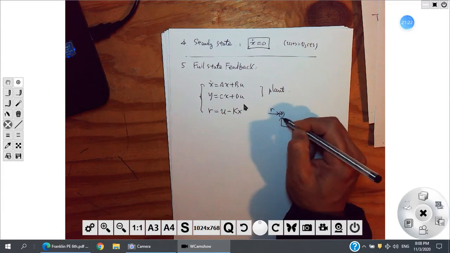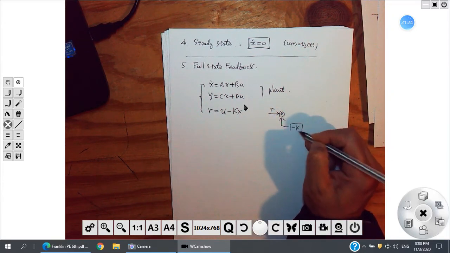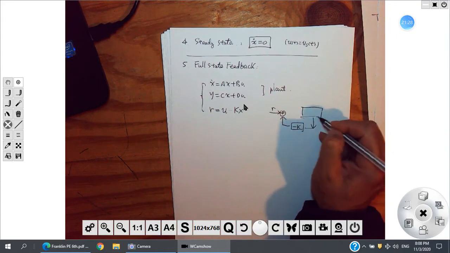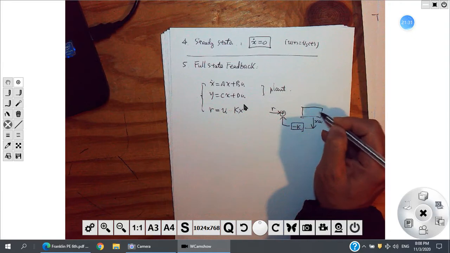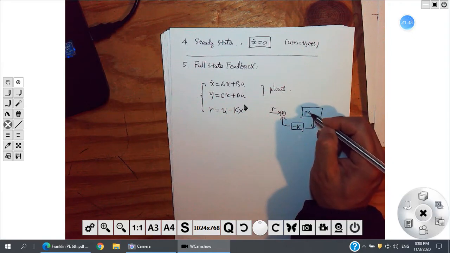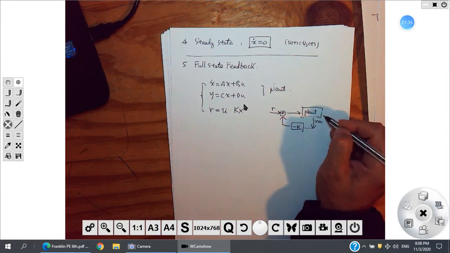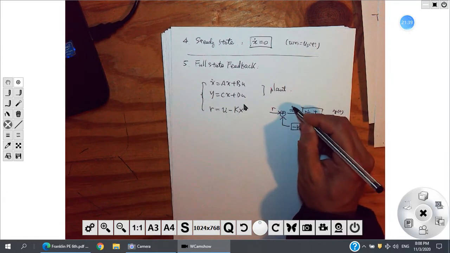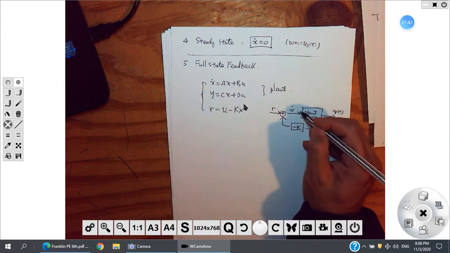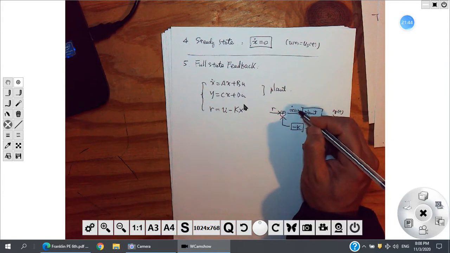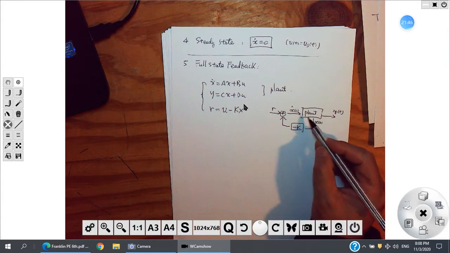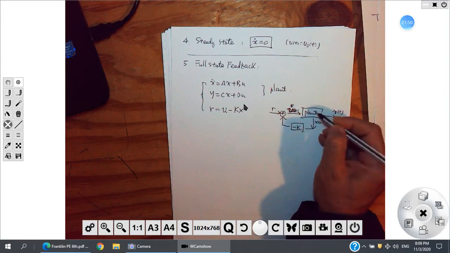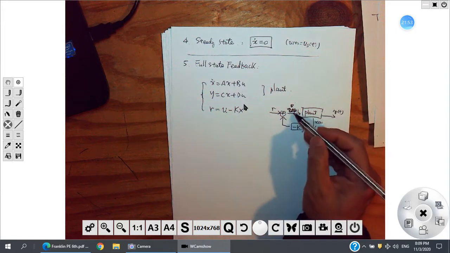Here's a negative K. Right, this is x coming out from the plant. This is a plant. Here's y. Here will be x dot of t. Yeah, x dot will be inside, u of t.